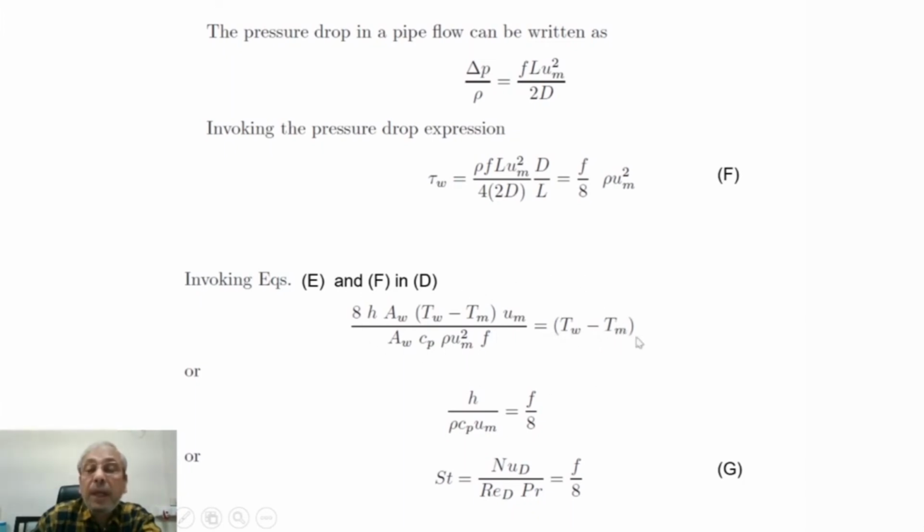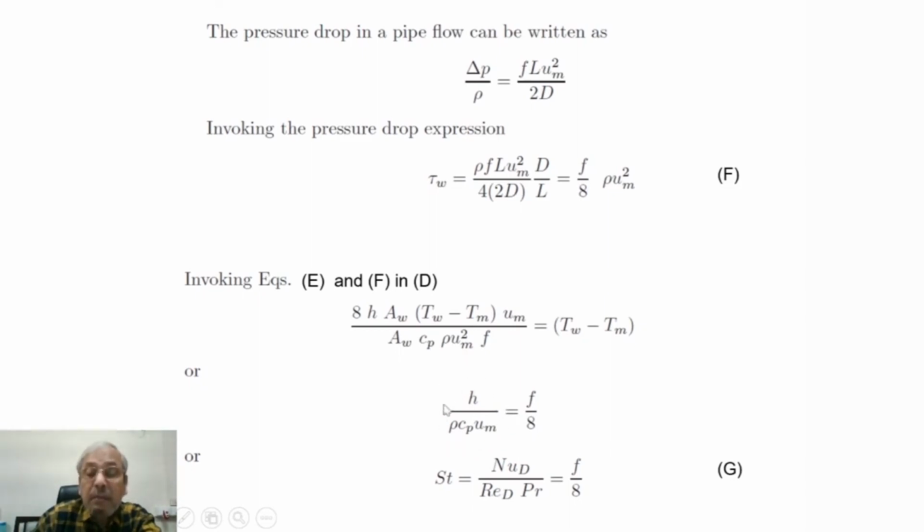And from here we will get h by rho Cp um equal to f by 8. And this is nothing but Stanton number.